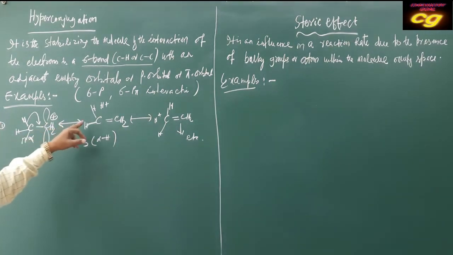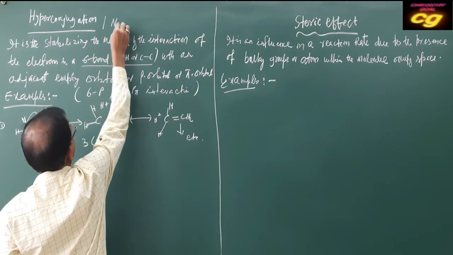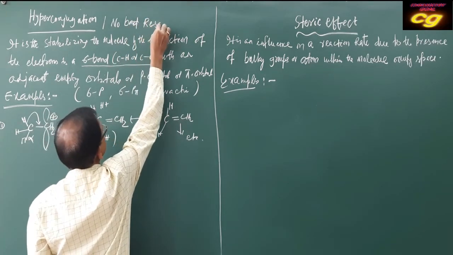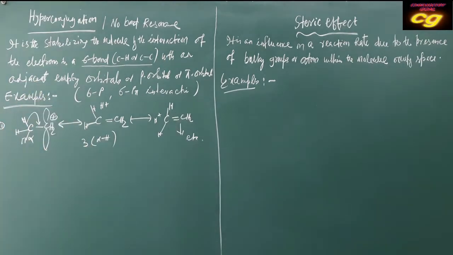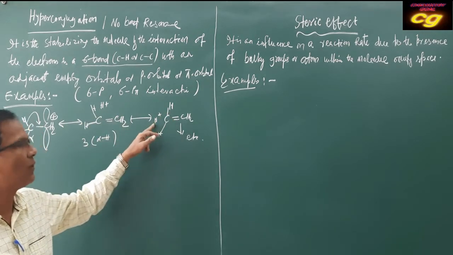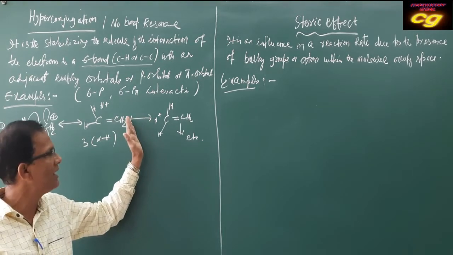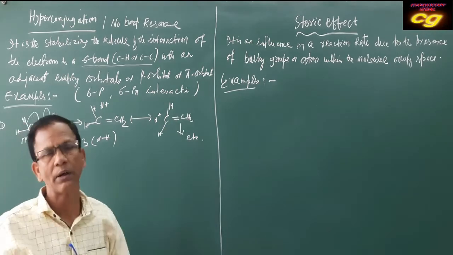This hyperconjugation is also called no bond resonance, because during delocalization involving the CH bond, the CH bond breaks, forming H plus. This H plus will be attached to the carbon atom of the carbon-carbon double bond.